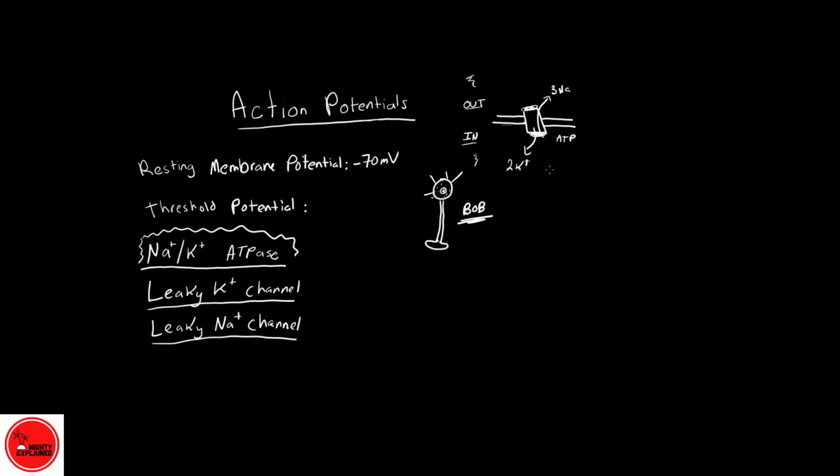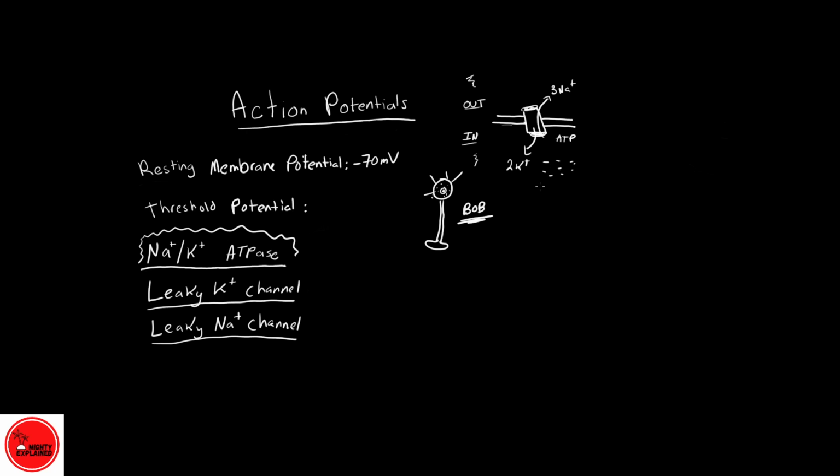Now, if you think about it, you have one less positive ion on the inside. What that means is that you are minus 1 on the inside. You just lost 1, so overall you're negative 1, and this contributes to the negativity on the inside. That's one thing.